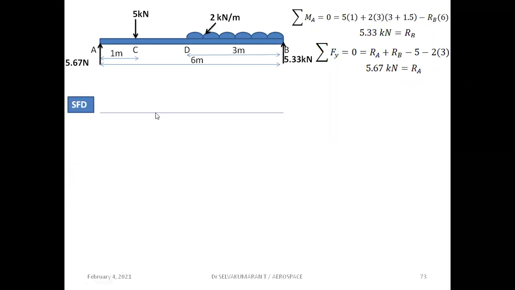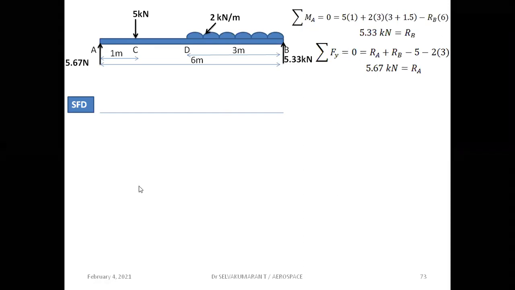So this is the baseline reference line, on which the shear force value is 0. On the top, positive values, and at the bottom, negative values of shear force will be plotted. RA at A, 5.67, is acting upward, shown by a vertical line.